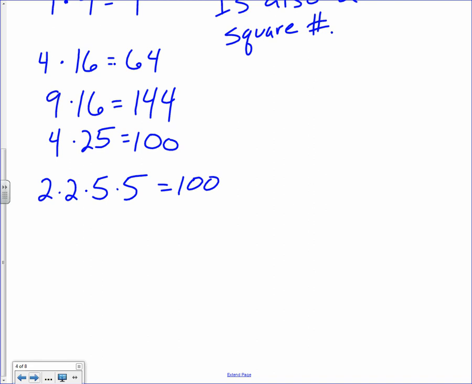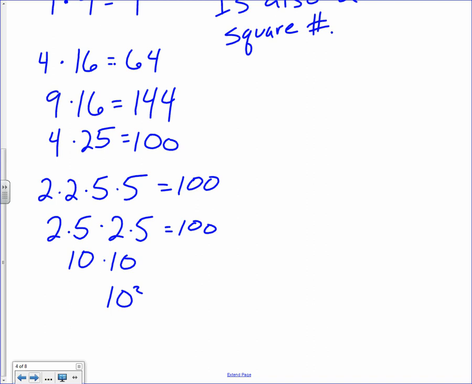With multiplication, we can move things around, so we have 2 times 5 times 2 times 5, which still will be 100. And we have 2 times 5, which is 10, times 10, and that is 10 squared, a perfect square, right? And that would work with any of our other examples as well.